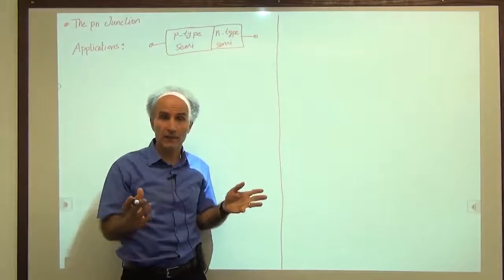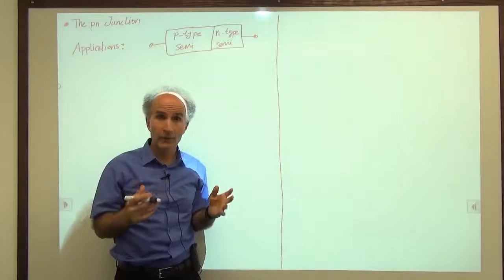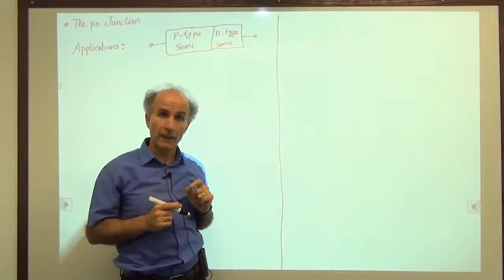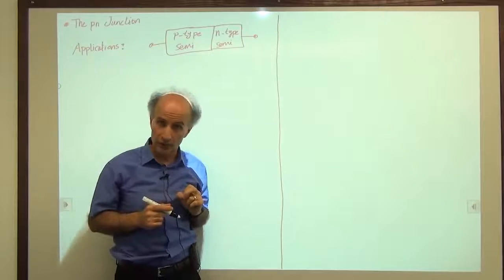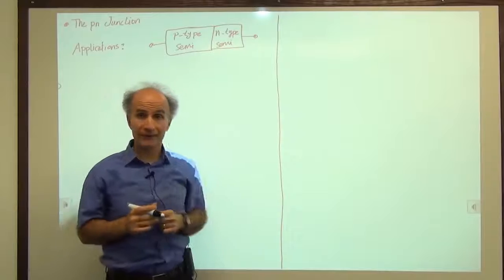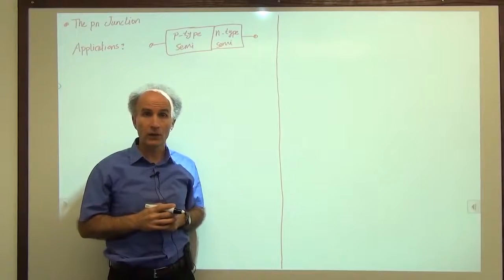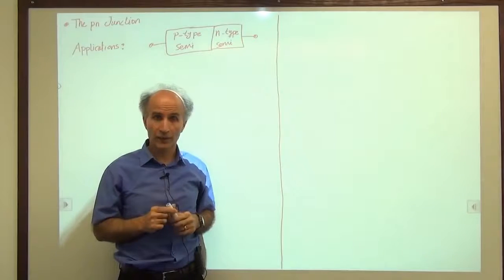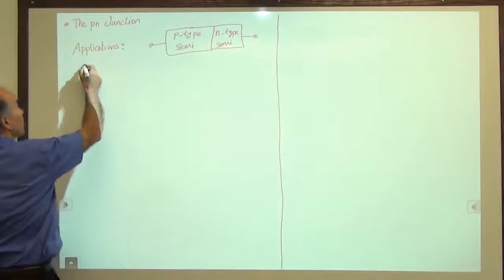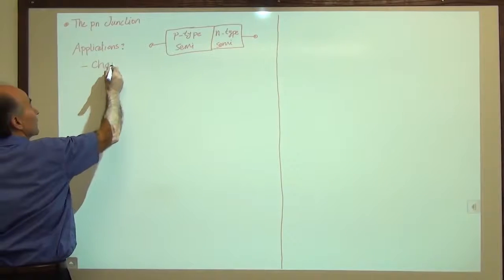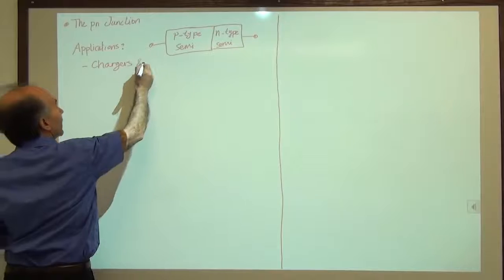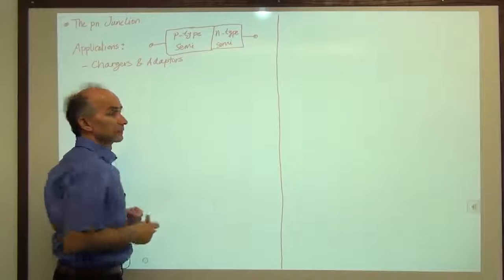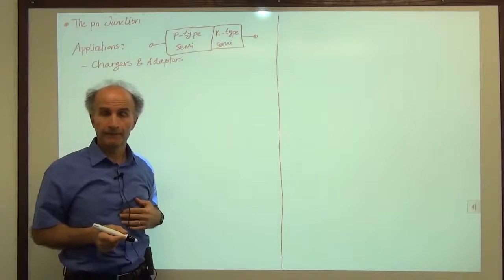In all of these chargers and adapters, we need this type of device, a PN junction. A PN junction is one example of what we call a diode. So this device is also called a diode. And diodes are essential to building all of these various devices, chargers and adapters. Anywhere that you use them, you have diodes in there.